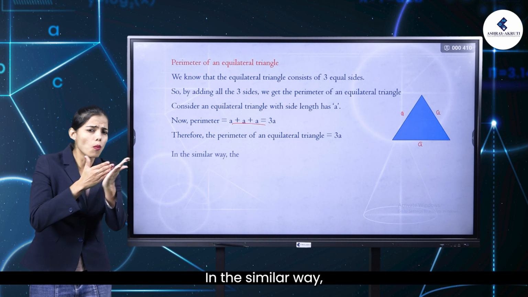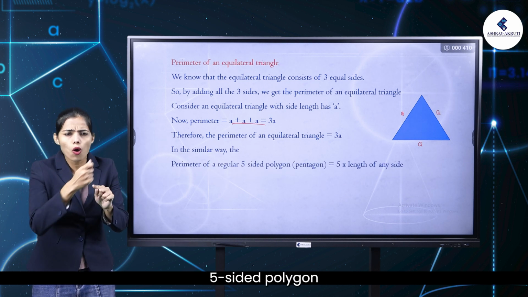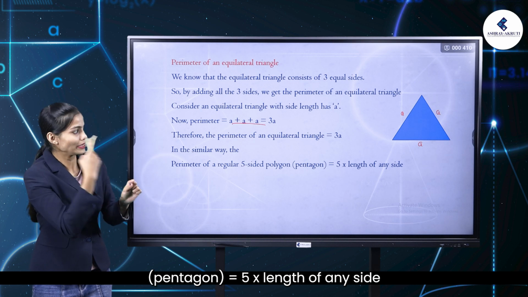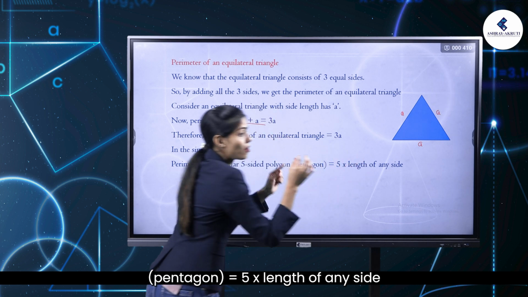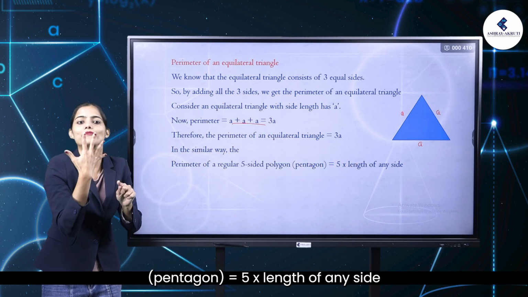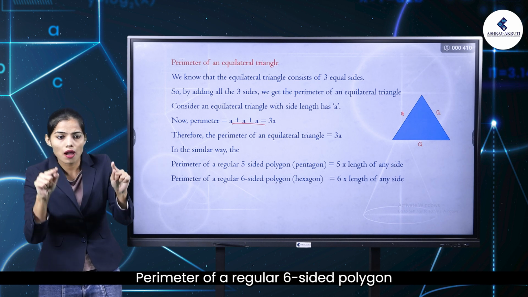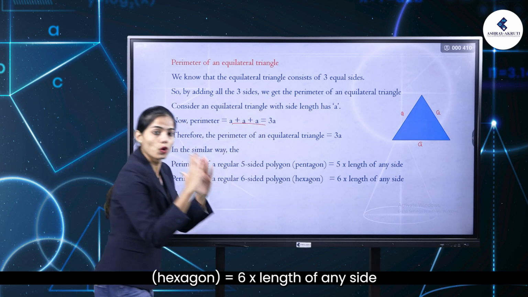In a similar way, the perimeter of a regular 5-sided polygon, pentagon, is equal to 5 into length of any side. Perimeter of a regular 6-sided polygon, hexagon, is equal to 6 into length of any side.